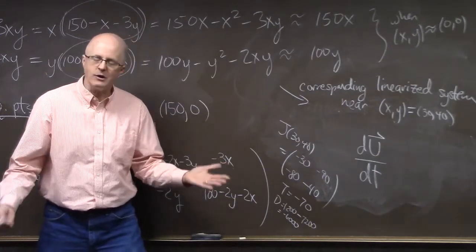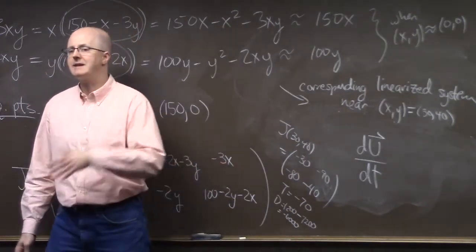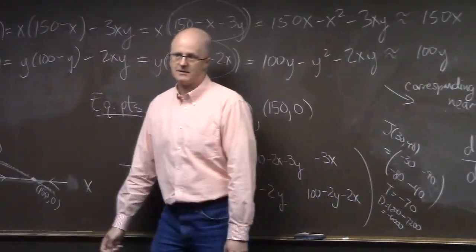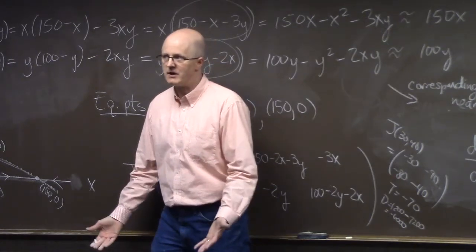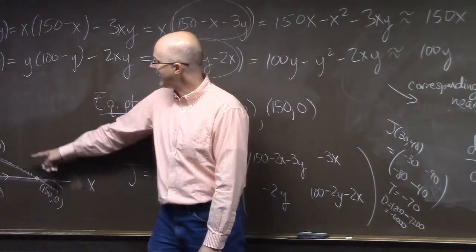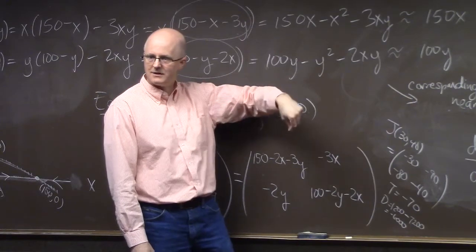It's not that I couldn't use a capital Y, but I want to emphasize it's a different system. And when we talk next Monday about translating the origin, so you have new variables, I'm going to call those variables little u and little v, just like the book does. And so capital U is going to be a vector whose components are little u and little v.